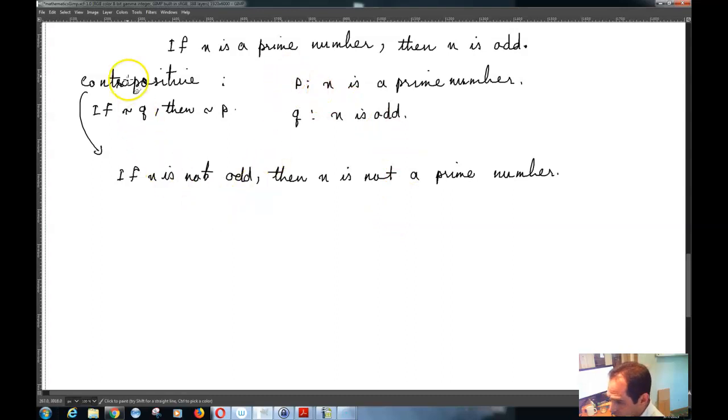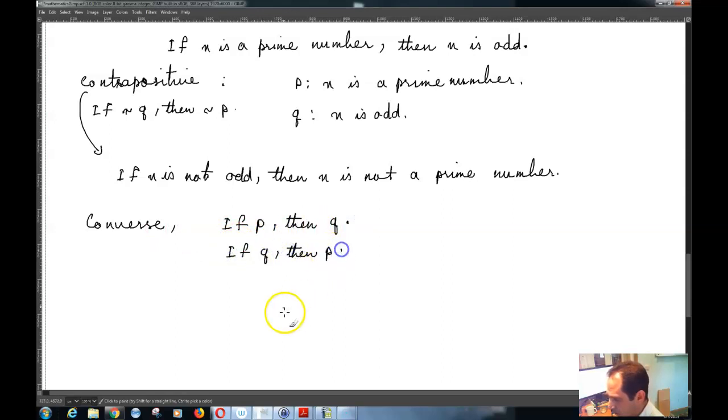And the converse of this, if this is p and this is q, the converse would be if p, then q, then the converse of that would be if q, then p, right? That is the converse.